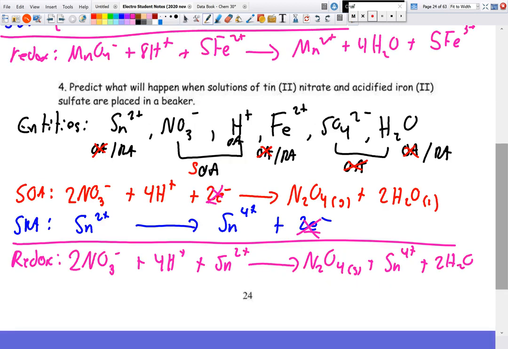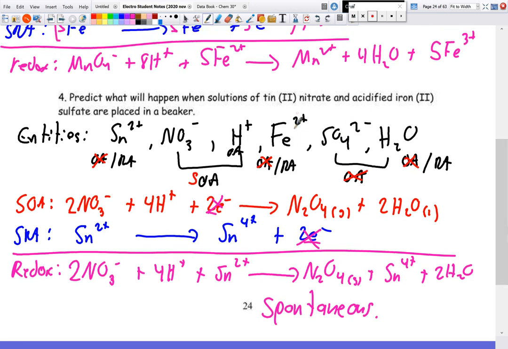And of course, this is a spontaneous reaction. This one is a little trickier just because the acidified nitrate ends up reacting, and not the tin 2 plus and not the iron. So nothing in the iron or sulfate really does anything. It's just the acid. So that's why this one was a little trickier.